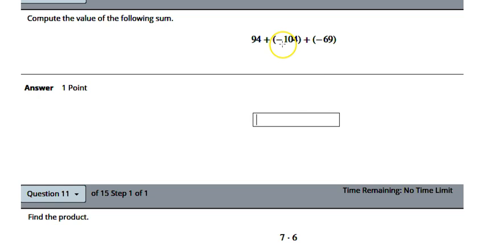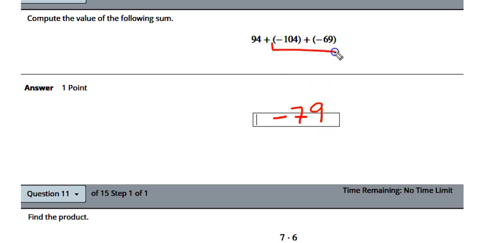Now, for this one, you can add your 2 negatives together, then subtract the 94 from this negative sum, get a value, and then it's going to use a negative sign, or just put it in your calculator. 94 minus 104 minus 69, enter, and you get a negative 79.